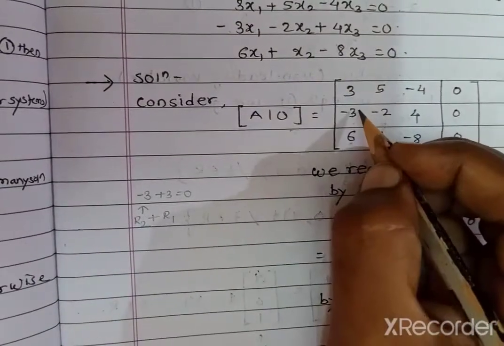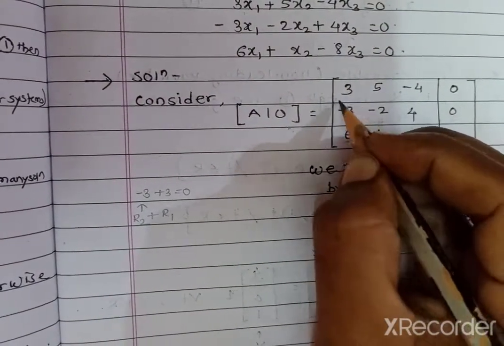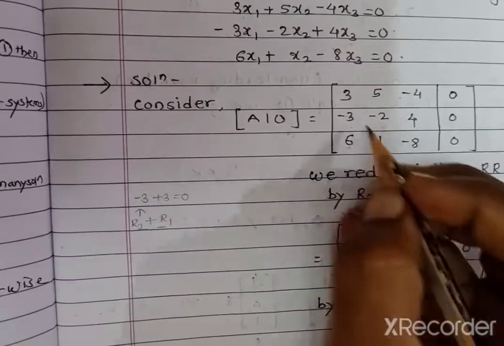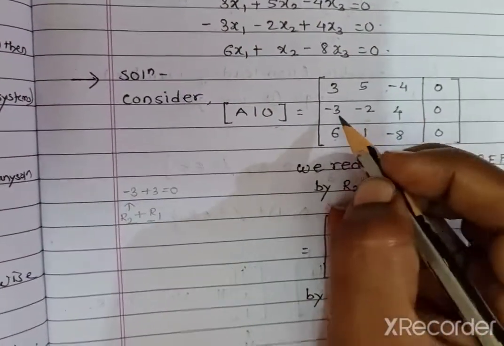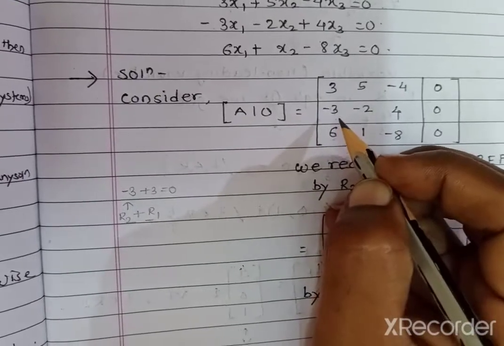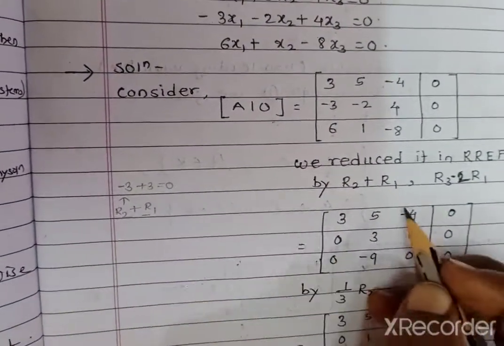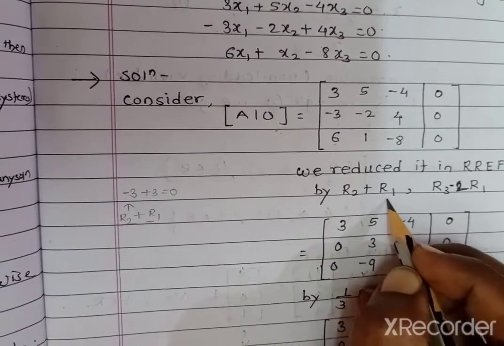So here we make that entry 0 by using the first row's entry. So we write R1. We convert that minus 3 into 0 by using the row operation R2 plus R1.